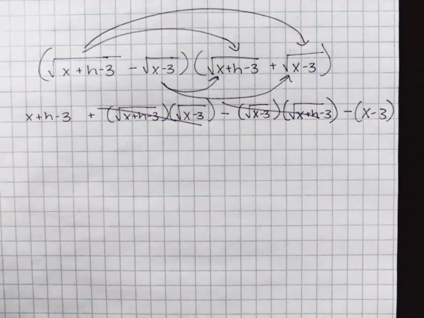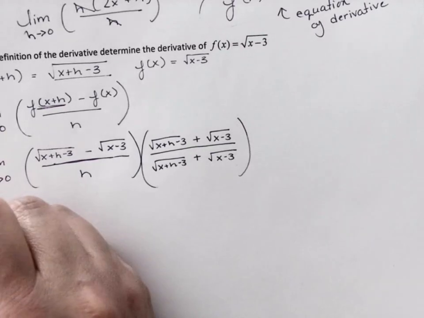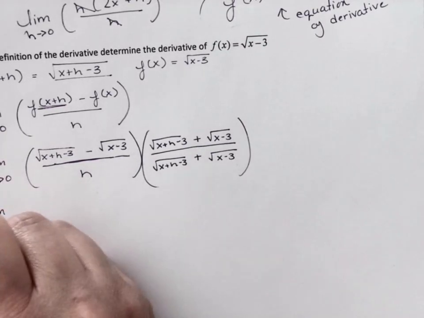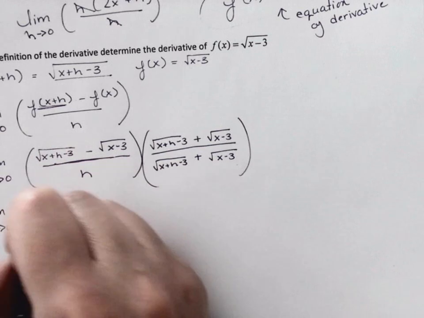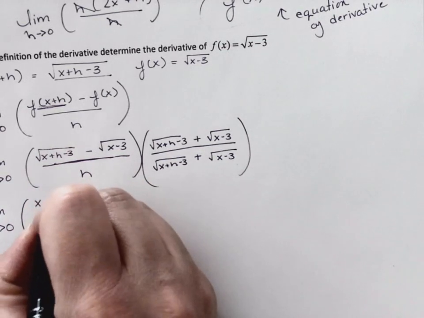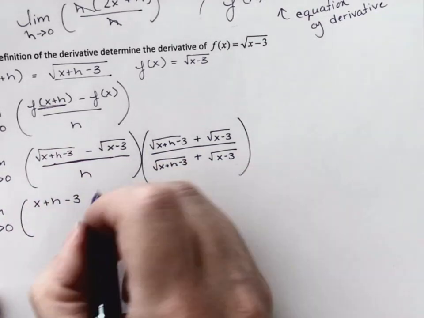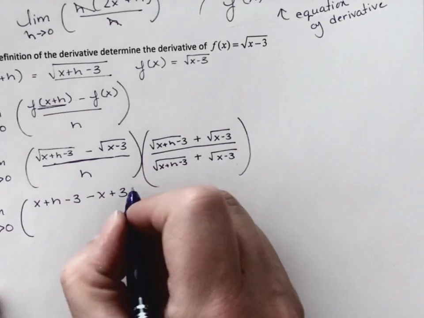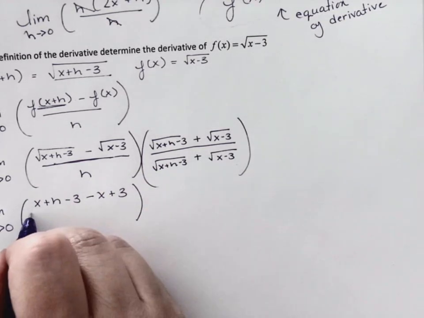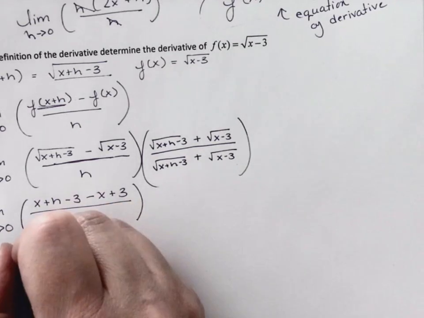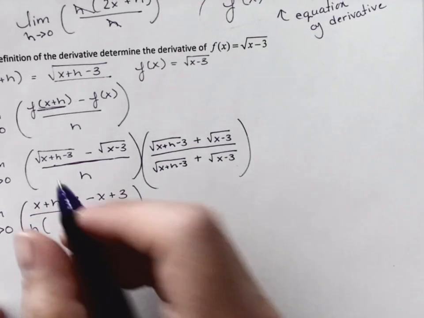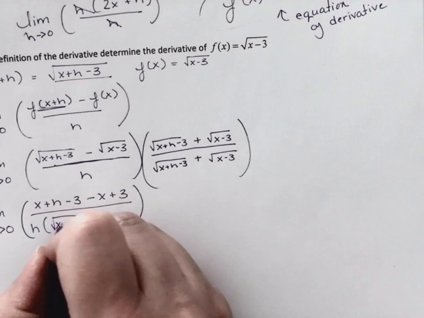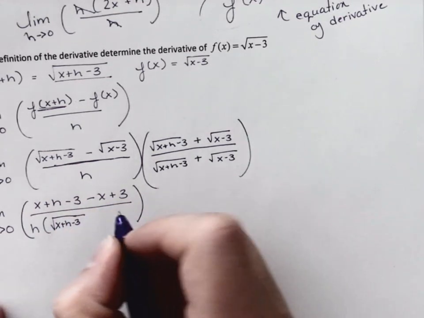I just don't have enough room to do all of it. So when I do my next line, this is going to be x plus h minus 3 minus x plus 3, all over x plus h minus 3.